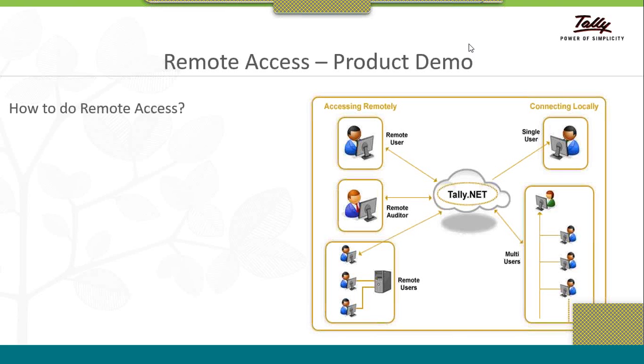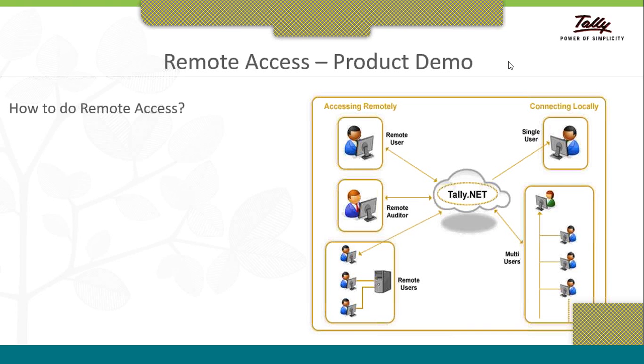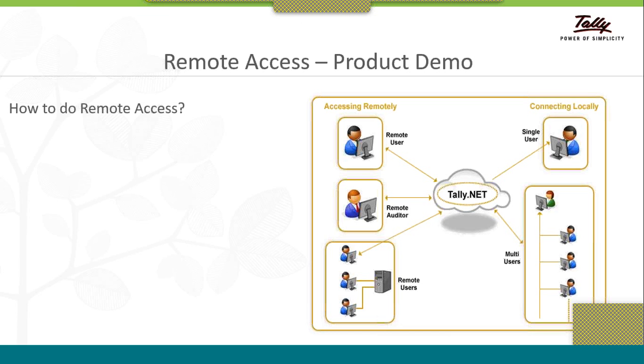The very important thing is that when you go to any product implementation or demo, the first and foremost thing is you should know the importance of remote access, and how remote access will help solve the customer's current problem.